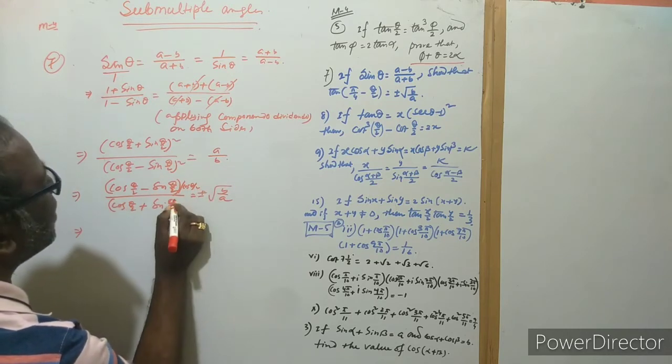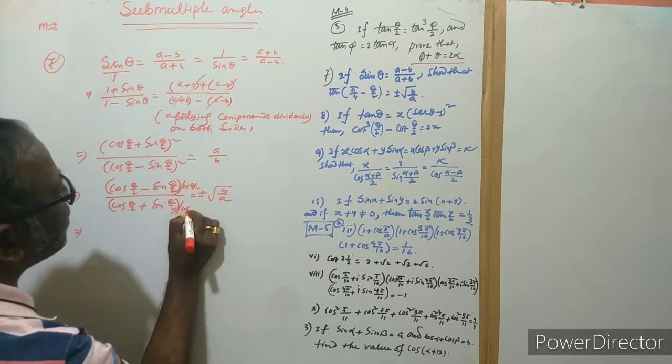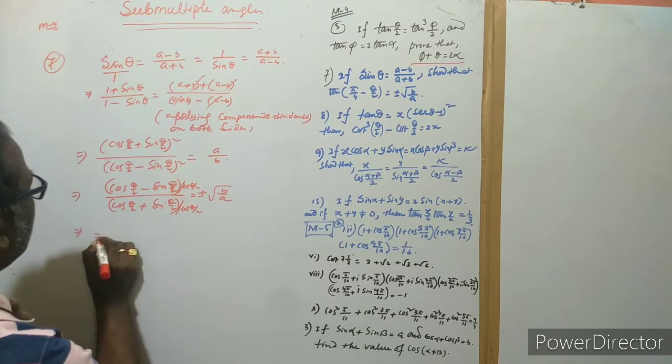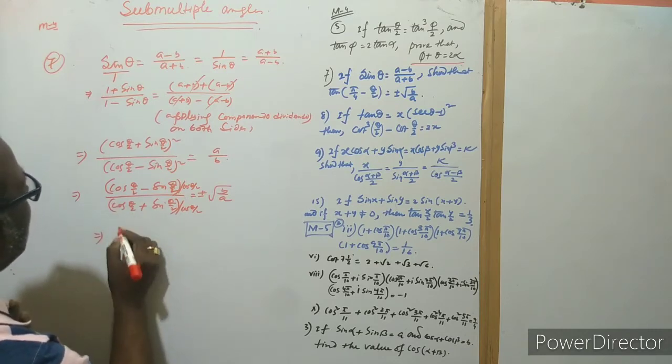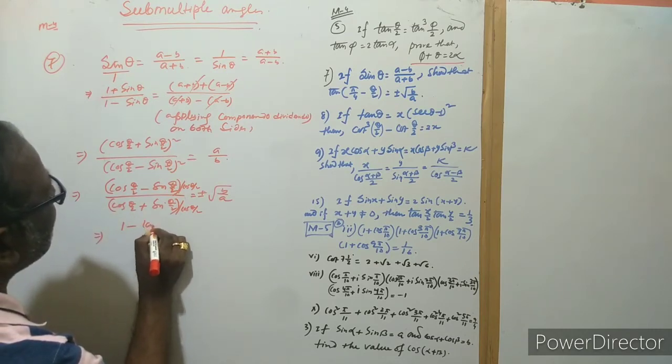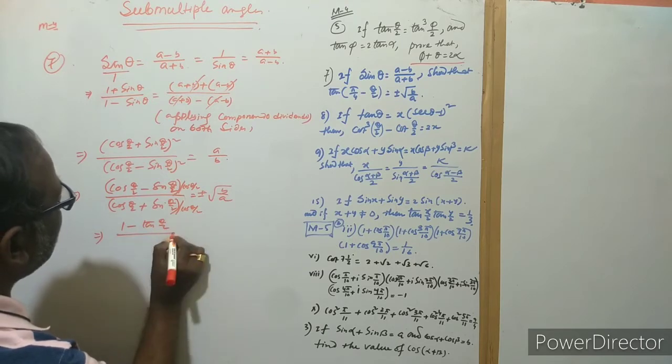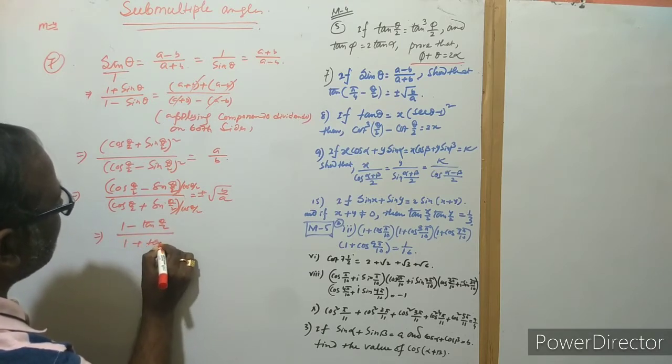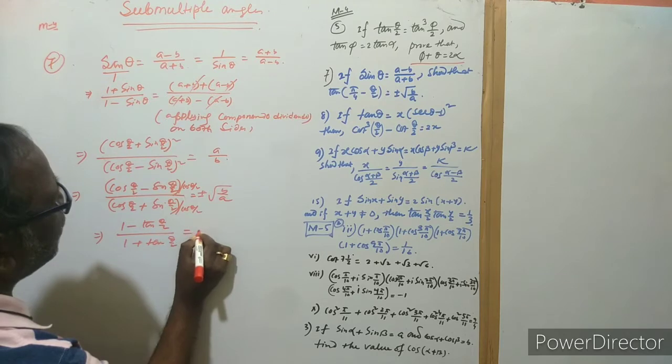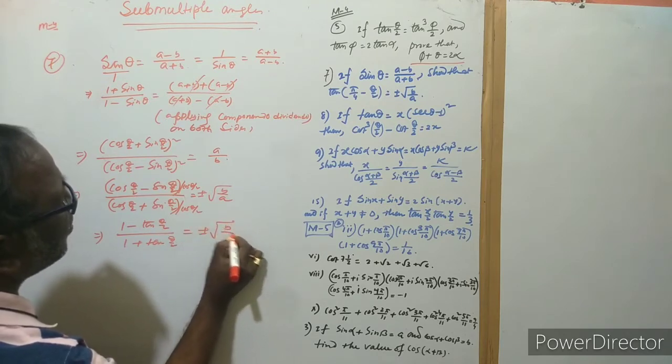Okay, same as we can write that cos theta by 2. So you can write again, this is 1 minus tan theta by 2, and this is 1 plus tan theta by 2, plus root over b by a.